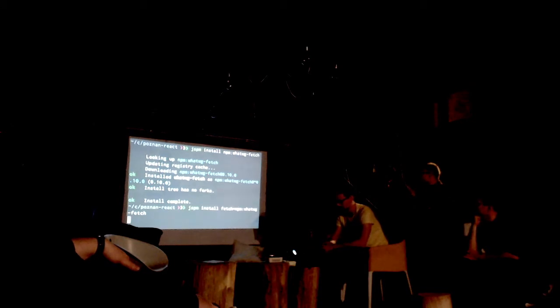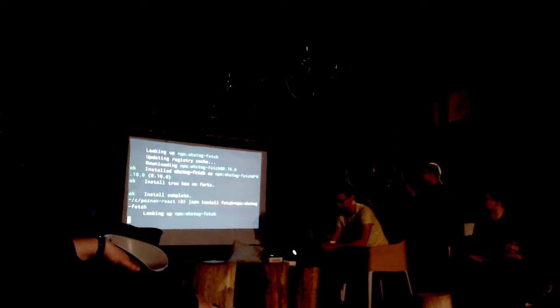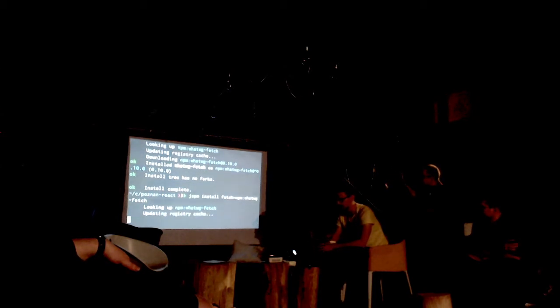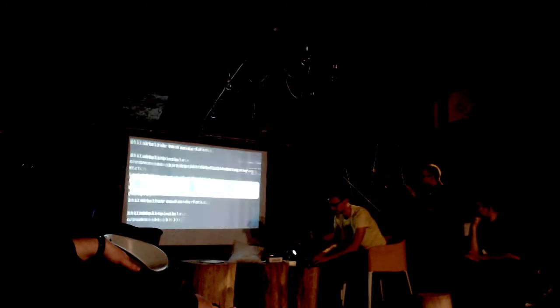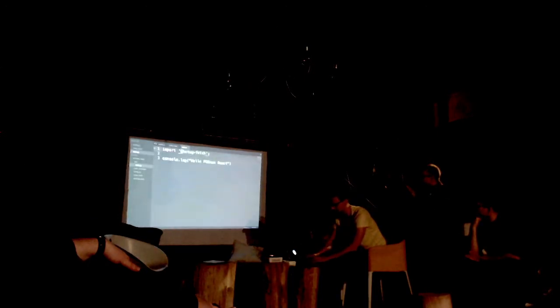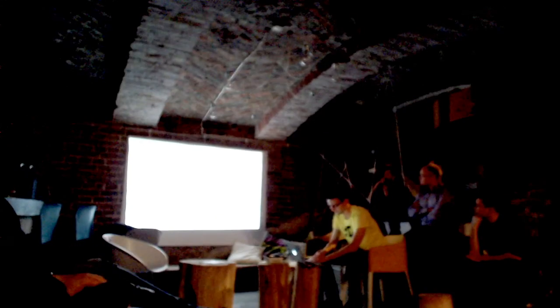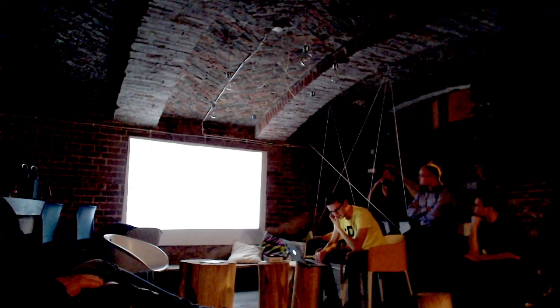And if I say install, it will try to find it, and luckily on my box it will use this alias. As you can see, it uses fetch as the dependency we just used. So what I can do right now is just import fetch, and it should work. It should fetch.